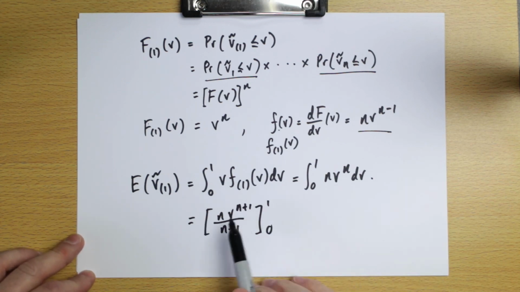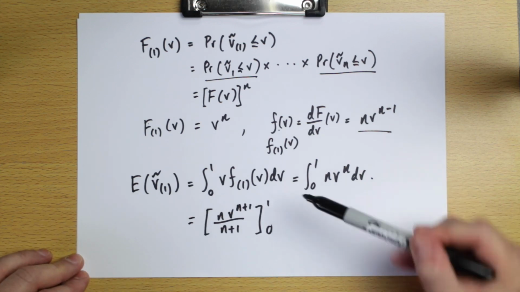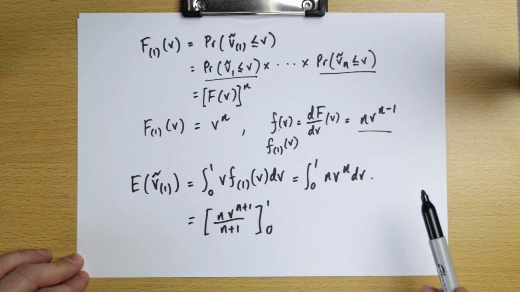Okay, that's good. And then I'm evaluating this. The notation here, putting large brackets with a 1 and a 0, means evaluate what's inside the brackets when v equals 1, and then evaluate what's inside the brackets when v is 0 and deduct the second from the first.